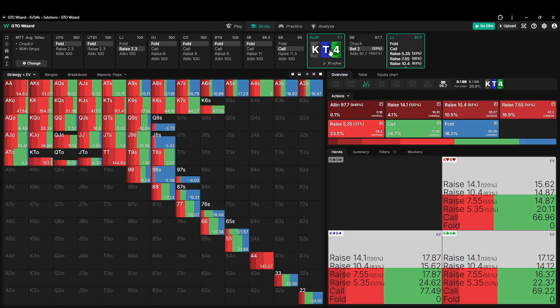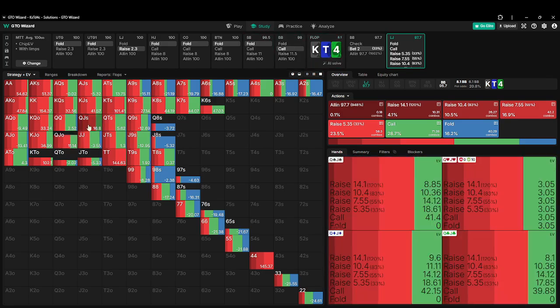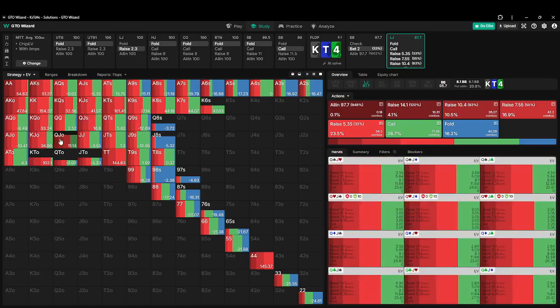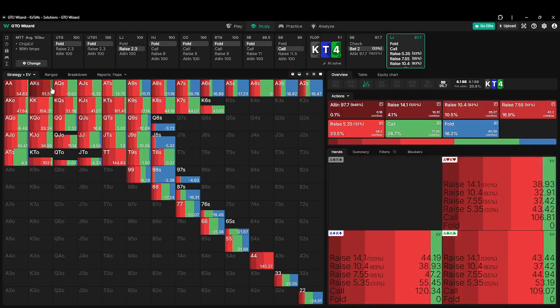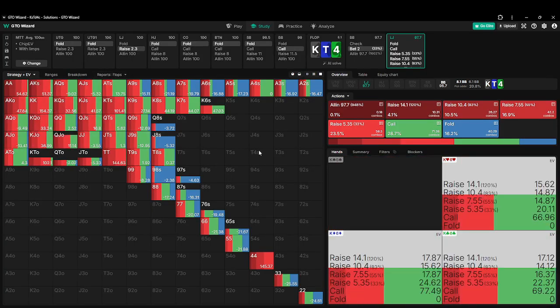differences. Again, you can see on this King-10-4 rainbow that it's a much less connected board. So the open-enders like Queen-Jack suited, and some gutshots like Ace-Queen and Ace-Jack, there are some hands like that in the range, of course, but you don't have a flush draw in that sense.